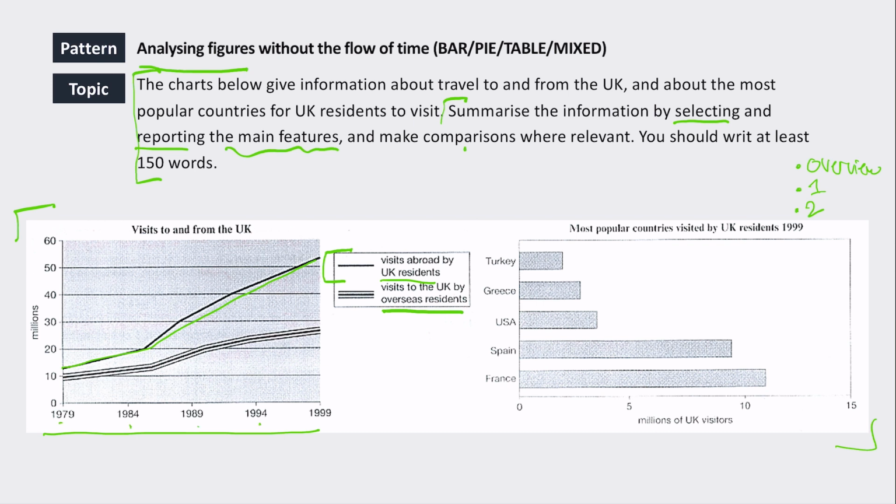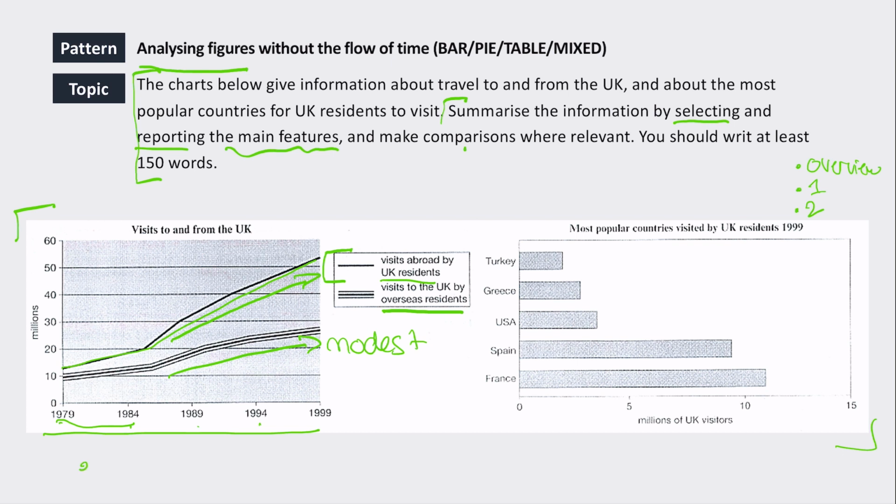We can see there's a small increase between 1979 and 1984, and then a bigger increase in UK people going abroad, and a more modest, meaning smaller, increase in people coming to the UK.